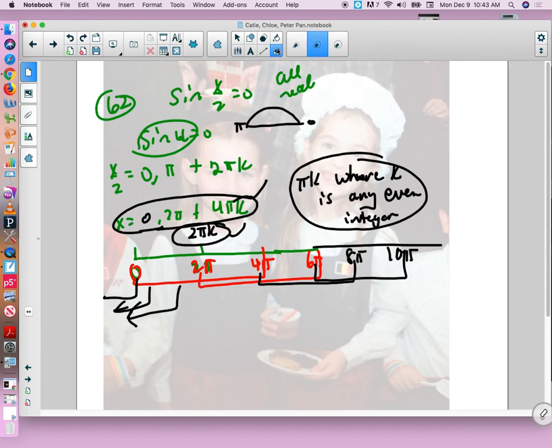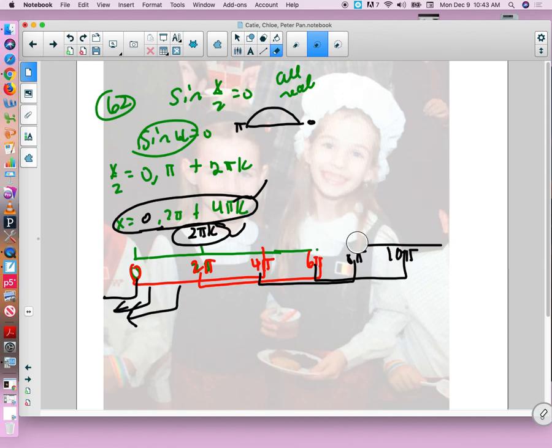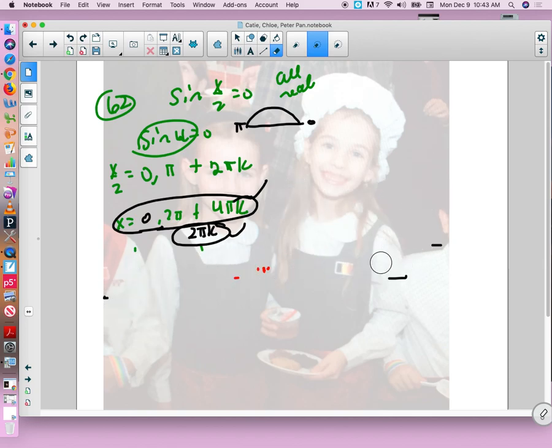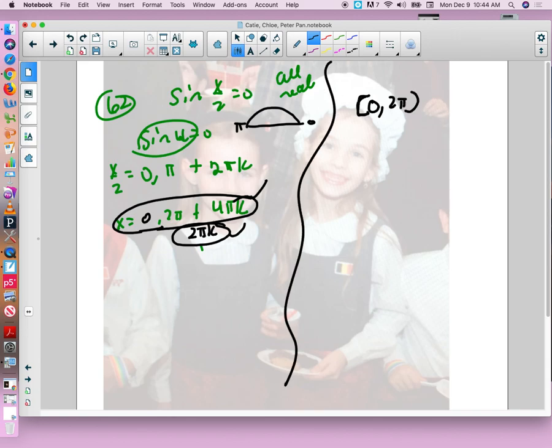All right, now let's do only the solutions from 0 to 2 pi, which is asked for a lot in AP Calculus. So suppose that you see this on the test, and usually 0 is included and 2 pi is not. Kind of like, I really didn't mean to be tricky on the quiz, but when you land on 2 pi, you're really starting over again.